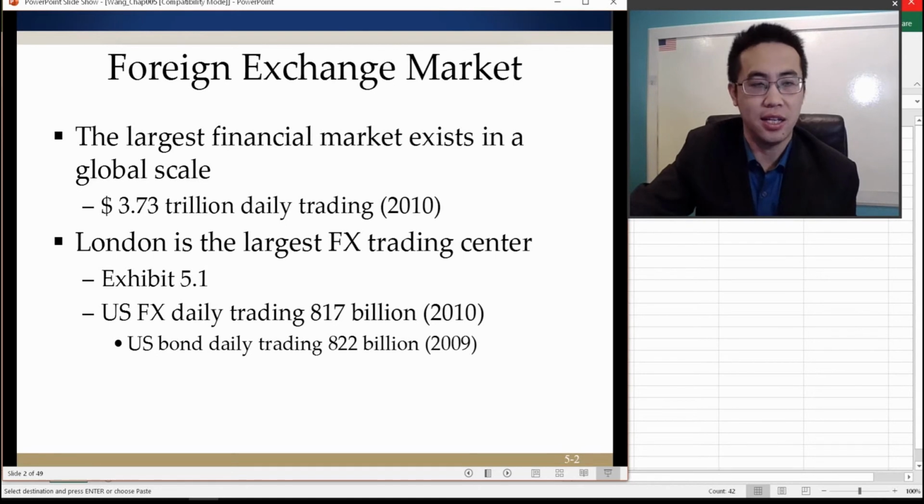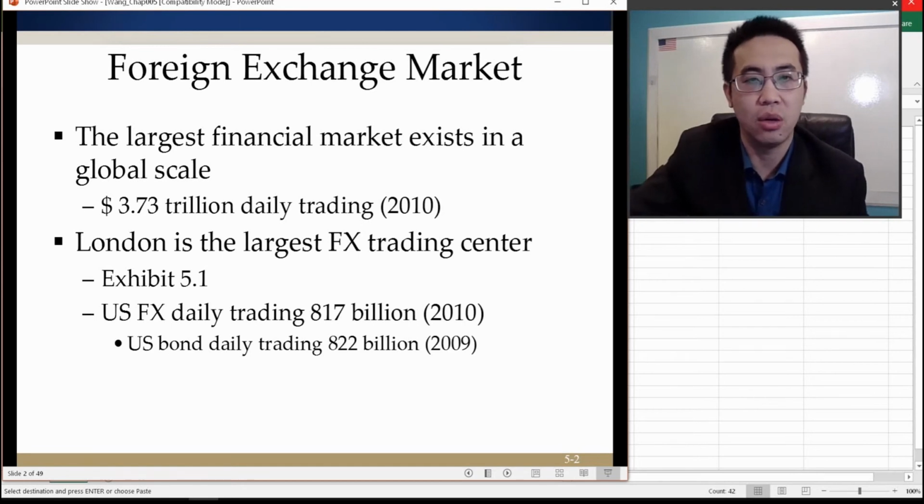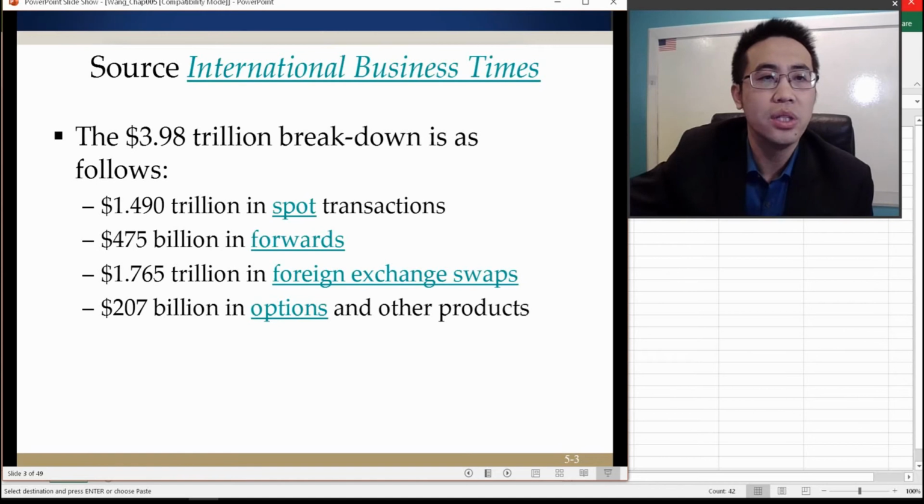And London, again, is the largest world trading center for foreign exchange, and it accounts for one third of the foreign exchange trade in the world. If we take a closer look at the exchange trading volume, each day roughly $4 trillion worth of currencies are traded, and $1.5 trillion are in spot transactions.